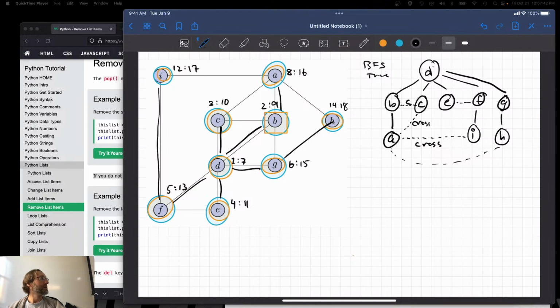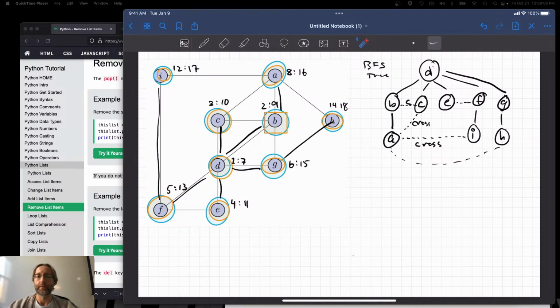So in a BFS tree, for an undirected, unweighted graph, you only have tree edges connecting immediate descendants or ancestors, and everything else is going to automatically be a cross edge. If you had a forward edge, that would mean you would have had a different BFS enumeration.